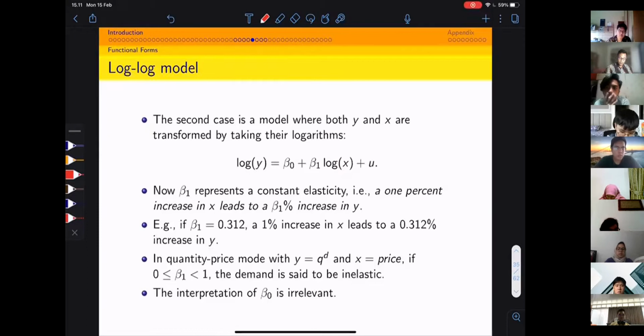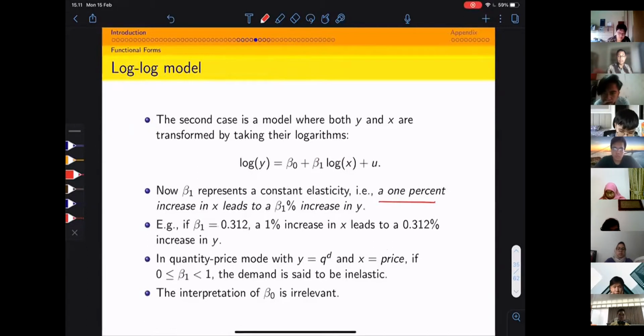A 1% increase in x leads to a beta 1% increase in y. Suppose that beta 1 is 0.312. It means that for every 1% increase in x, it leads to a 0.312% increase in y.